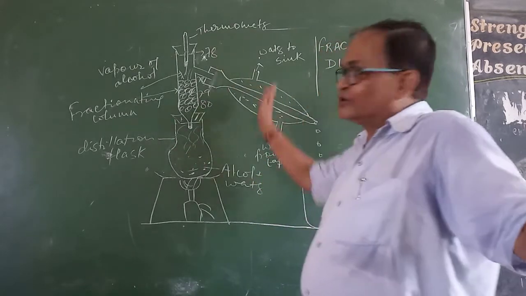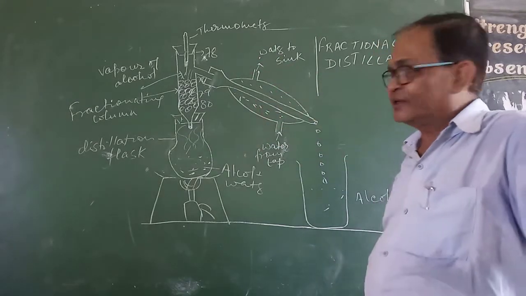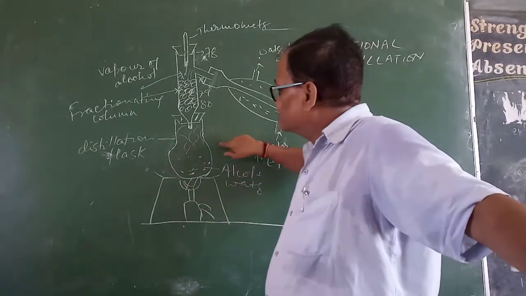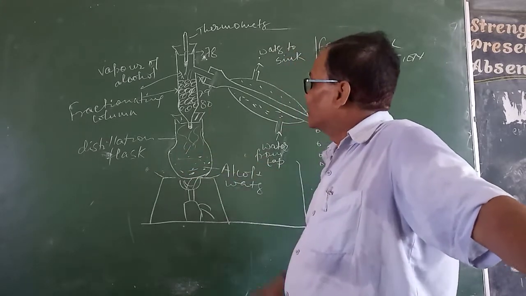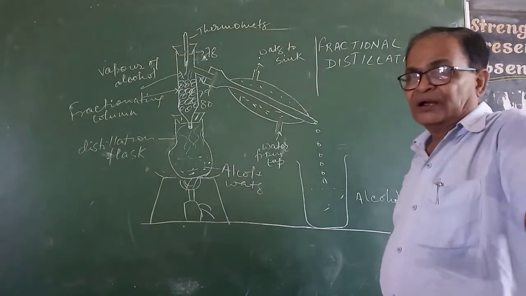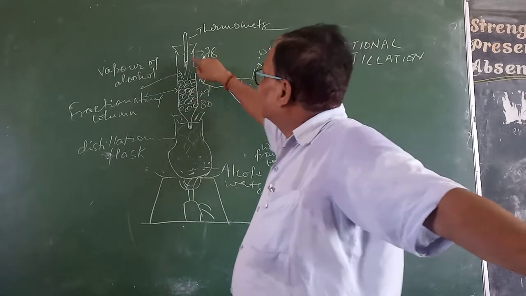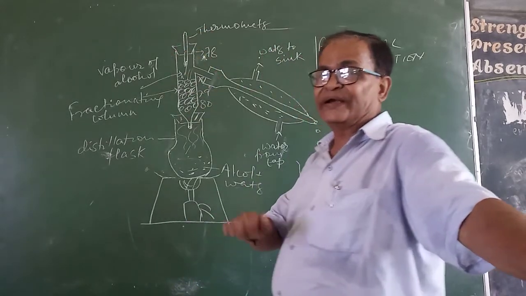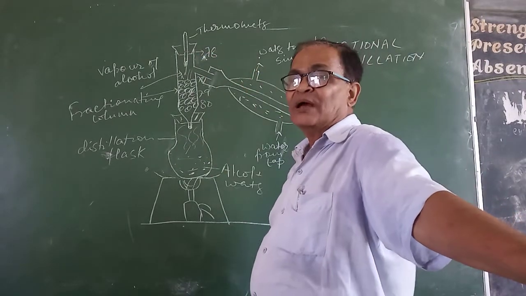We arrange the apparatus as shown in the figure. Here you can see this is the distillation flask in which the mixture is taken. A fractionating column is connected to the flask, containing a thermometer to maintain the temperature range of the fractionating column.